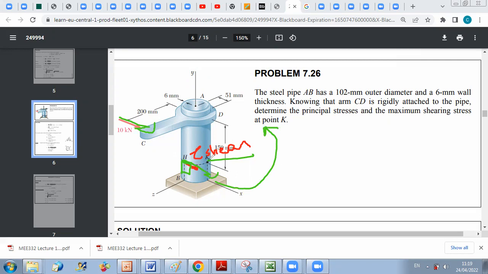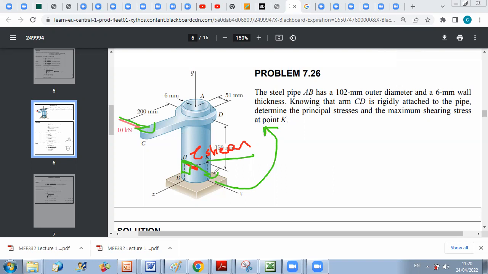So we can see that we have superposition of effects. The shear stress created by the shear force is in a direction similar to the one created by torsion, and since they are of the same sense here, they will add up. Okay, and in case they were opposite, you should take the algebraic values.